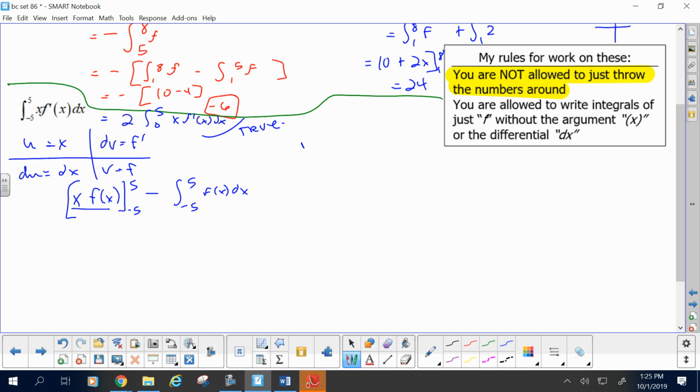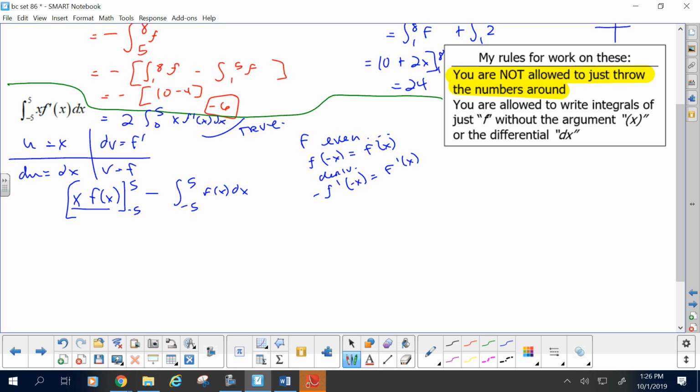If f is even, then that implies that f of negative x equals f of x, yeah? All right. So if you take the derivative, f prime of negative x times negative 1 equals f prime of x. What do you make of it?